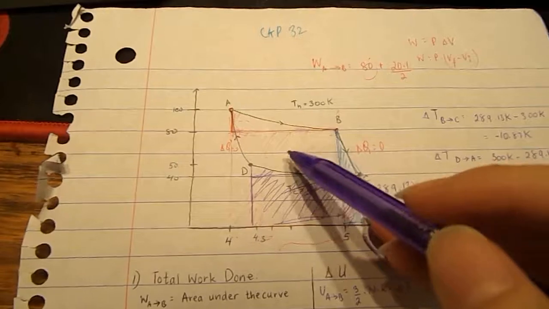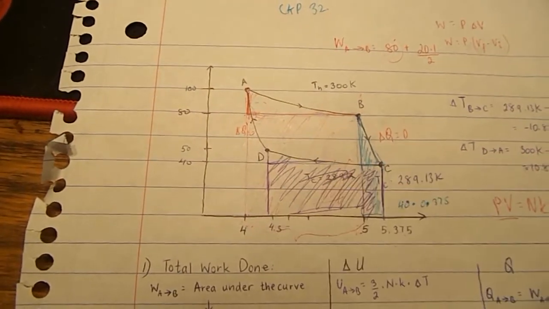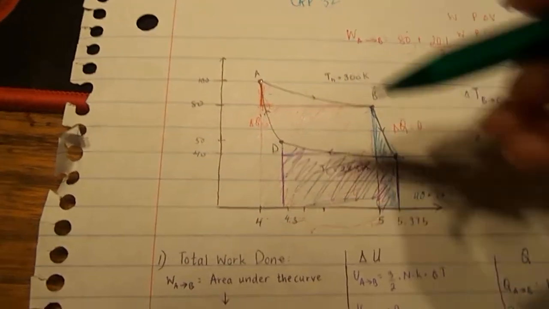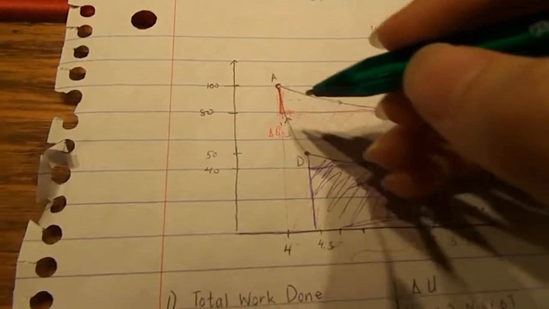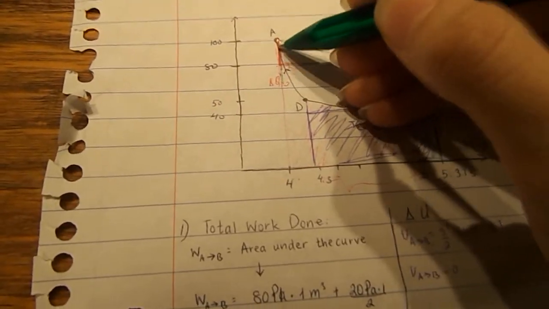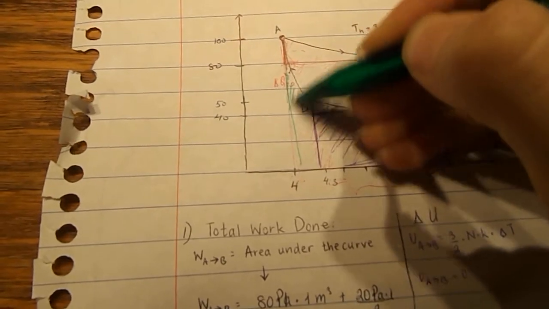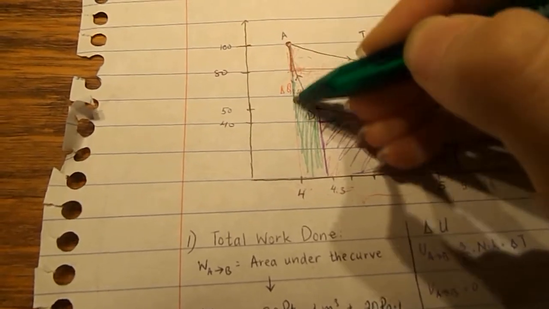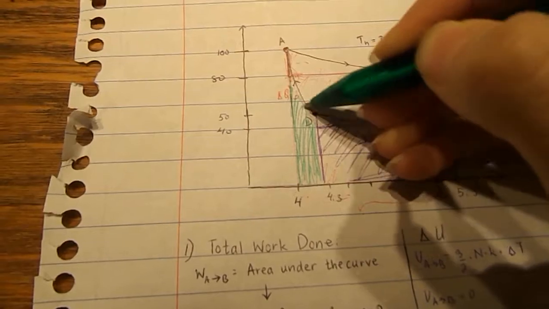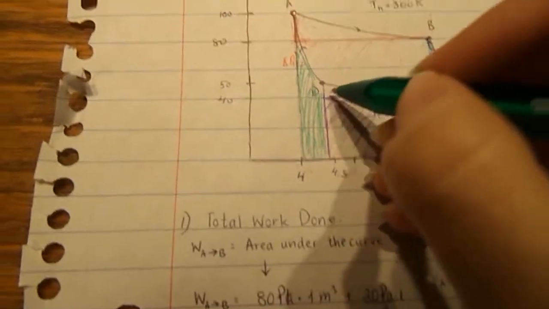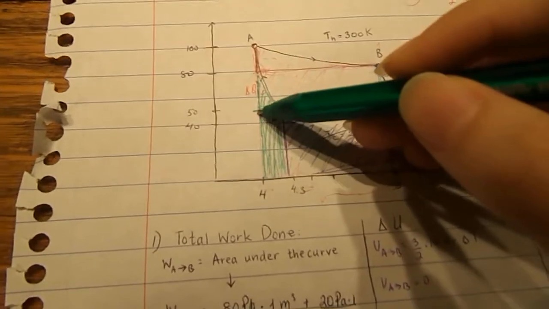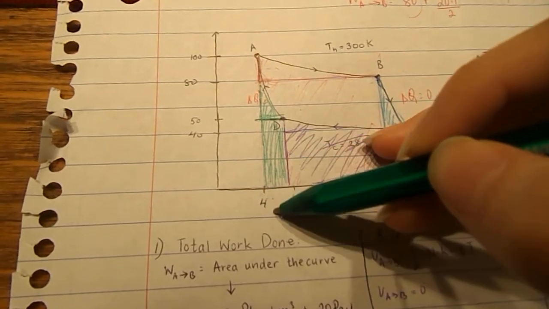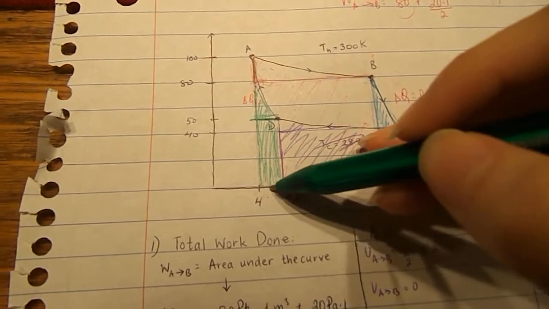And then the work done from D to A, again you're trying to find the area under this curve. So we have this rectangle here from 50. So our height is 50 and our base is 0.3.